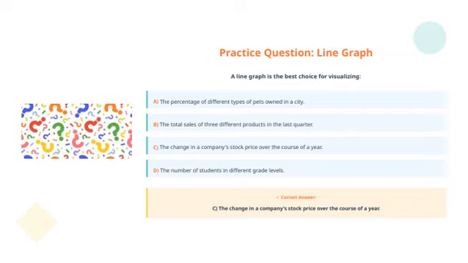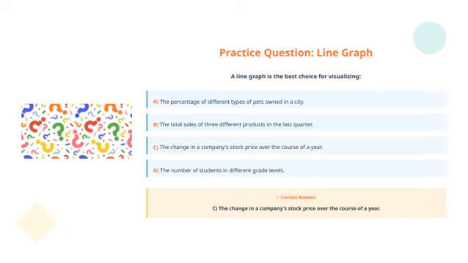Now let's look at what makes a line graph the best choice for visualizing data. Essentially, line graphs are ideal when you want to show how something changes over time or across different points. For example, the slide highlights the change in a company's stock price over the course of a year. This type of data benefits from a line graph because it clearly illustrates trends, rises, and dips throughout that period.